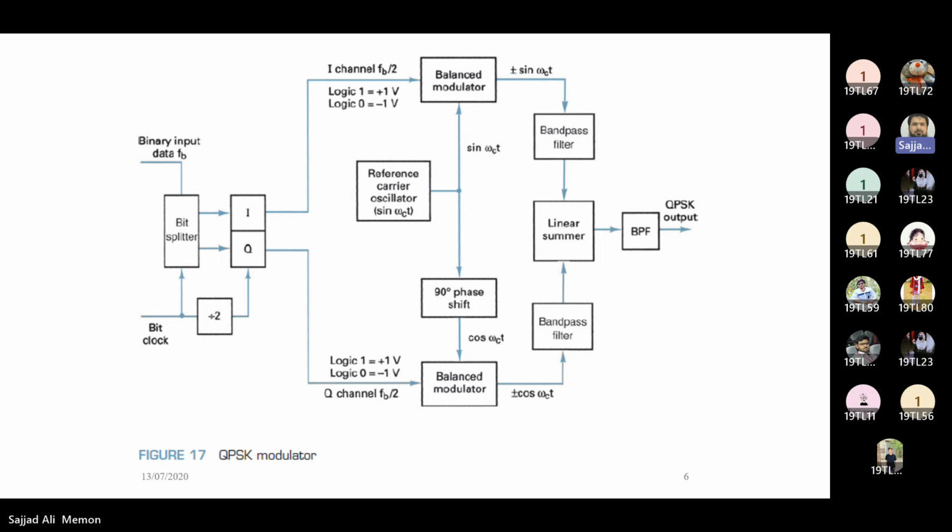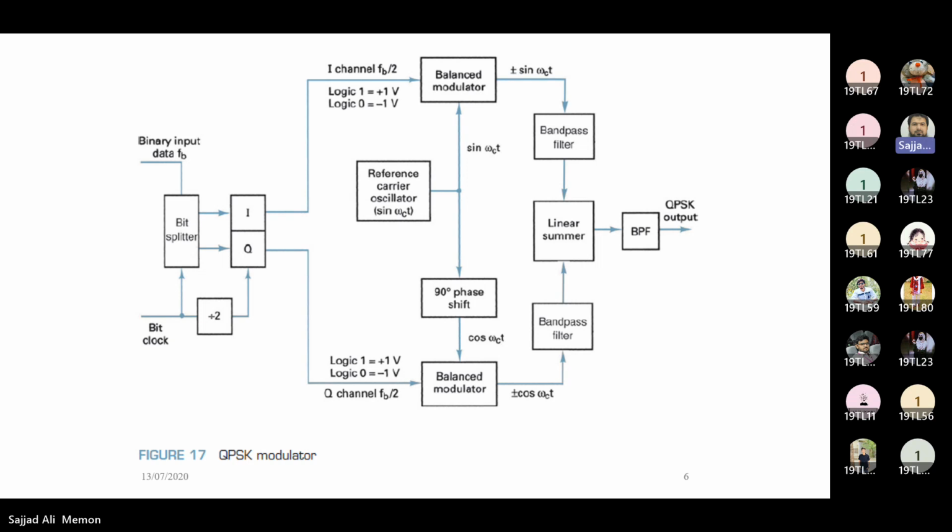So the Q channel will be multiplied with the quadrature component of sine omega ct, that is cos omega ct. So the two outputs of the balanced modulator can be plus or minus sine omega ct in the I channel, and plus or minus cos omega ct in the Q channel.